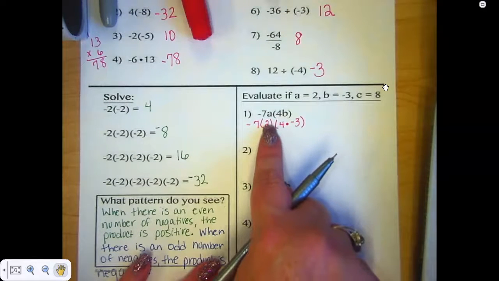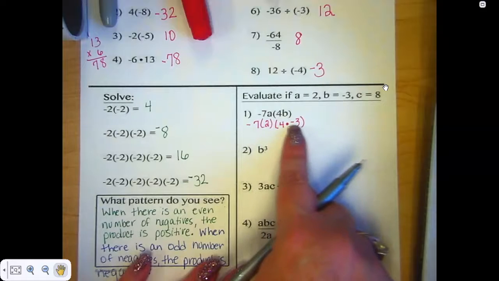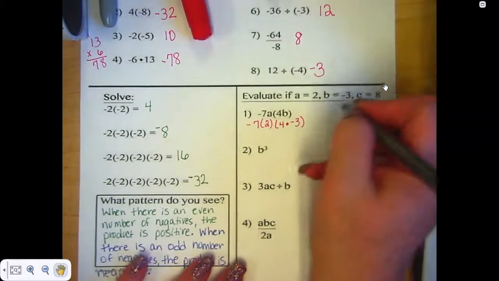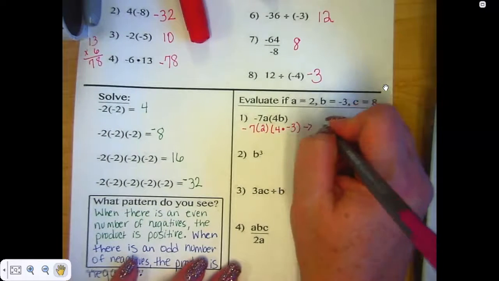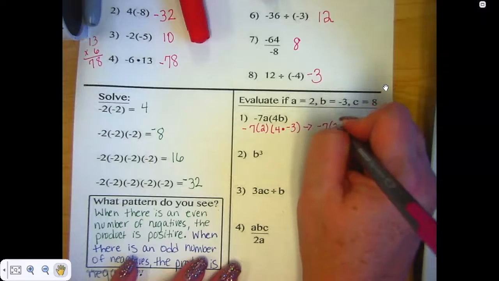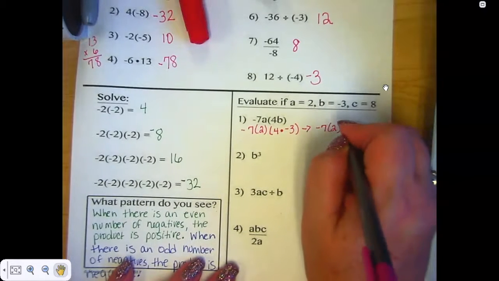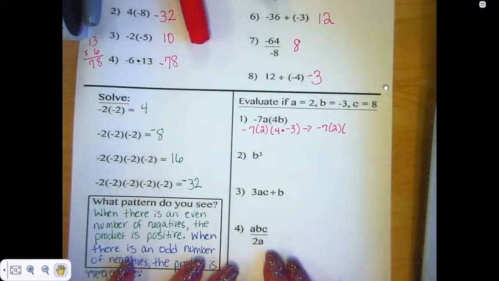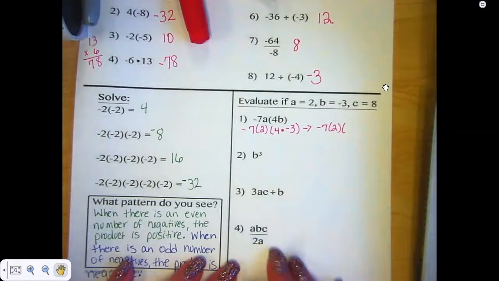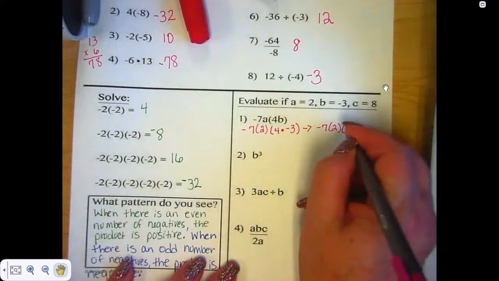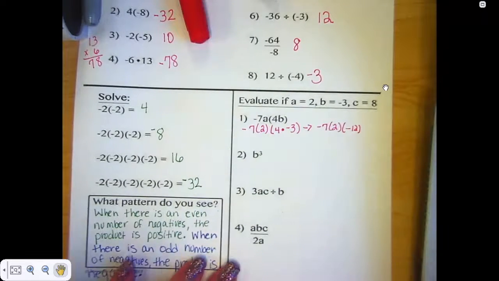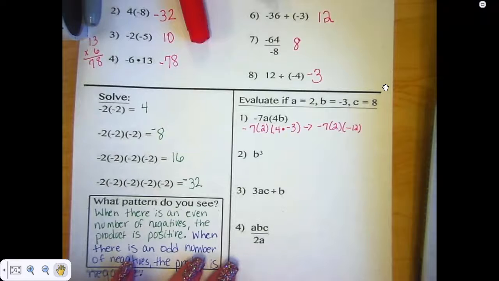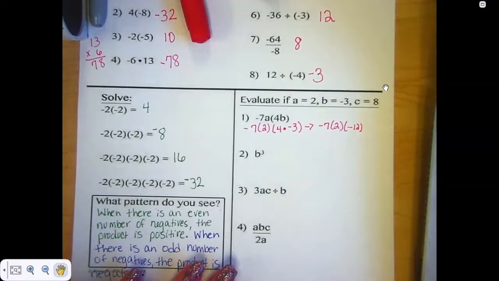So we're going to solve inside this parentheses first. And we're going to say that's -7 times 2. And then we're going to multiply that by 4 times negative 3 is negative 12. Negative 7 times 2 times negative 12.